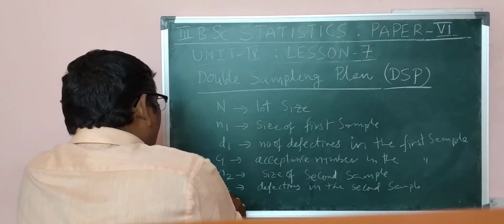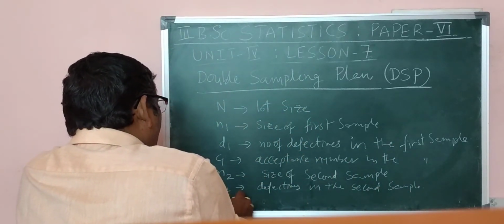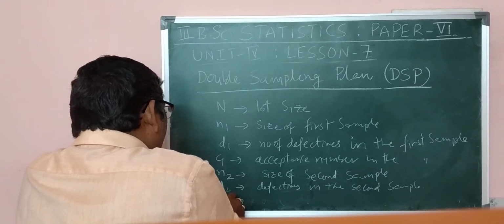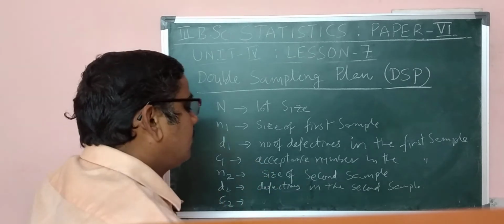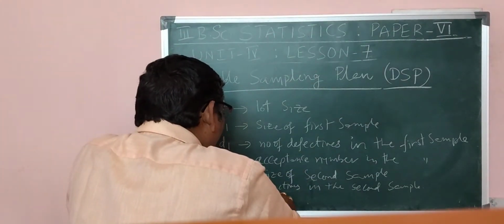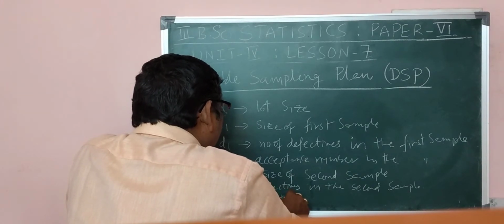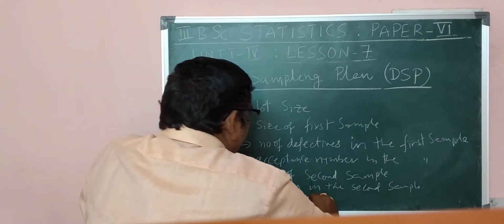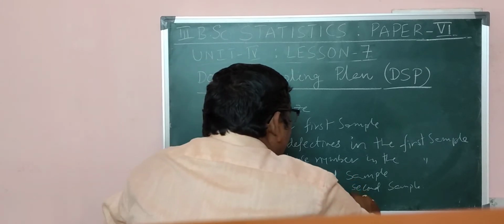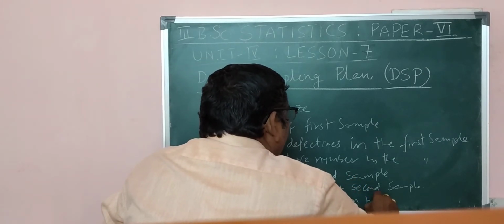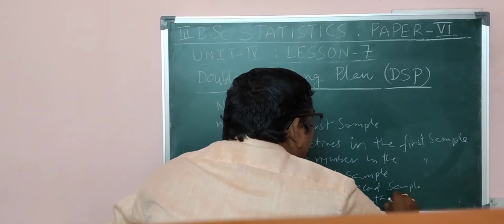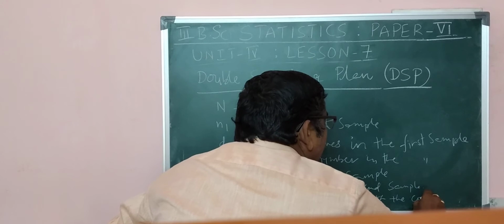What is C2? Now C2 is not the acceptance number of the second sample alone; this is the only terminology that differs from the rest. C2 is the acceptance number in both the combined samples.